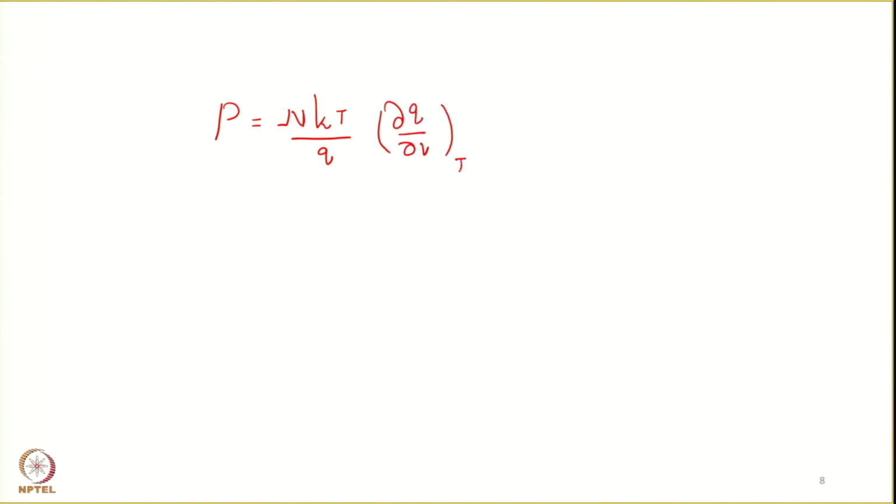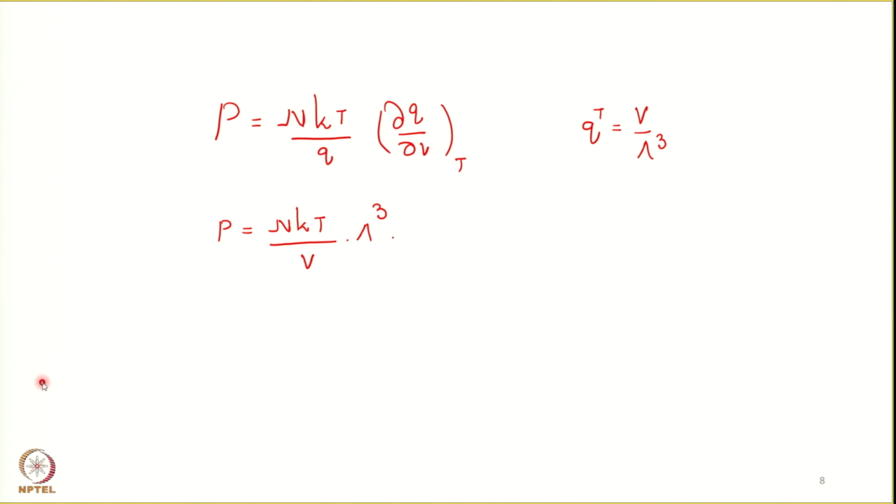Q translational is V upon lambda cube. So therefore, P is equal to NkT by Q, with Q equal to V upon lambda cube, times the derivative of the partition function with respect to volume at constant temperature.